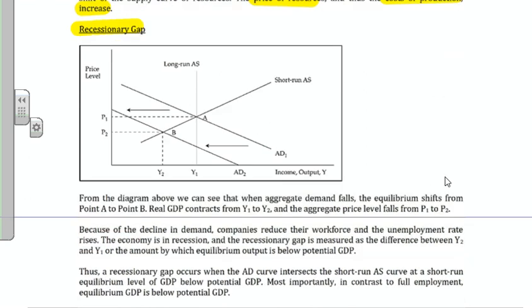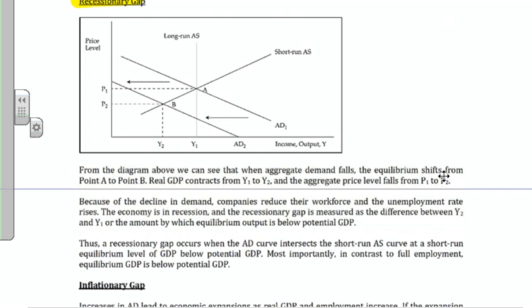Something interesting to notice from the recessionary gap: the long run supply curve stays pretty similar, doesn't it? But what happens over here? The aggregate demand curve shifts to the left, where there is less demand. Equilibrium now moves from point A to point B. Prices shift downwards as a result from price 1 to price 2.